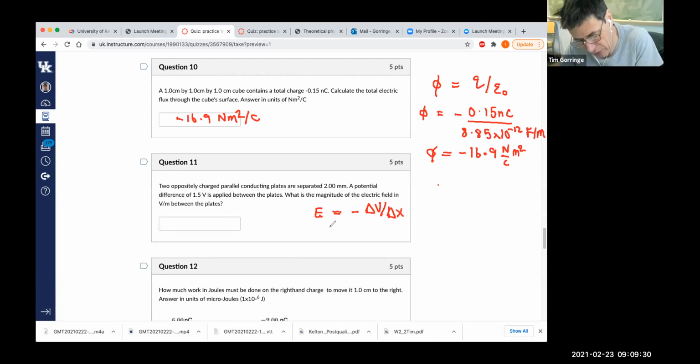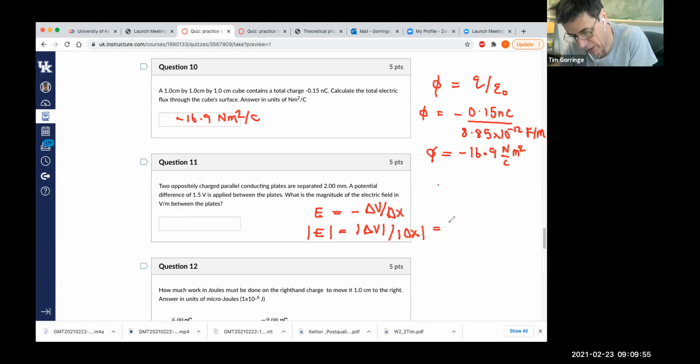Now, in this case, we just want the magnitude of the electrical field. So we won't worry about the direction of it. So the magnitude is just the magnitude of the potential difference, that's the 1.5 volts, divided by the separation, that's the 2 millimeters.